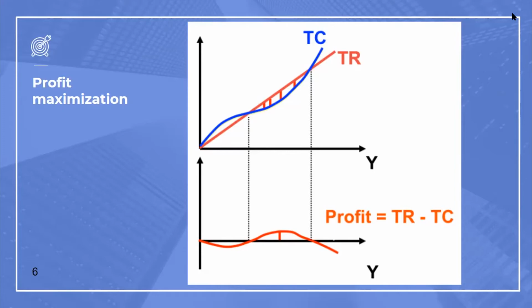And obviously, as you continue to produce, and we discussed this the last two classes, your variable costs start to increase because you need to hire more workers, you need to buy more inputs, maybe you ran out of the different inputs that you were buying from the first firm, so you need to find other firms.